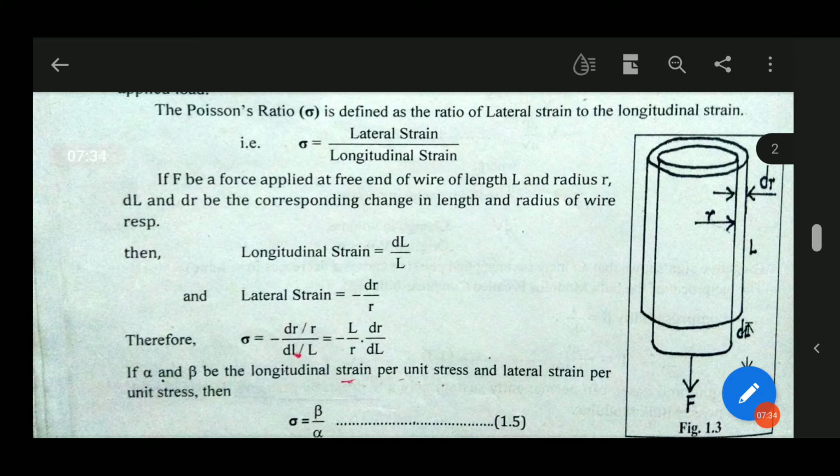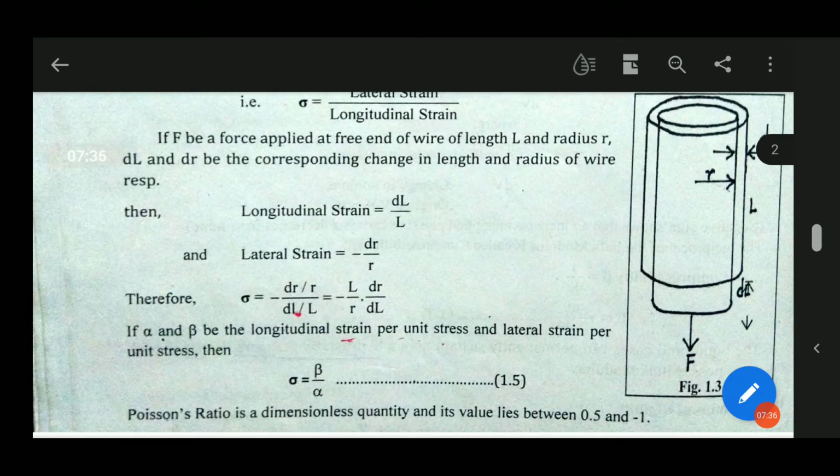The l from the denominator goes to the numerator and r goes to the denominator, so we get minus l upon r into dr upon dl.